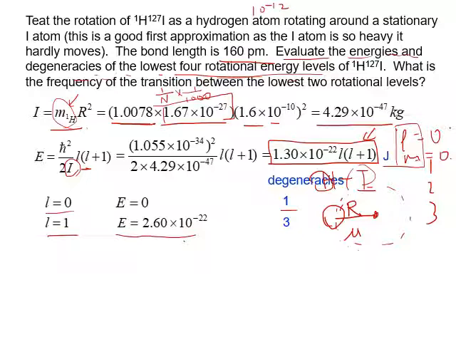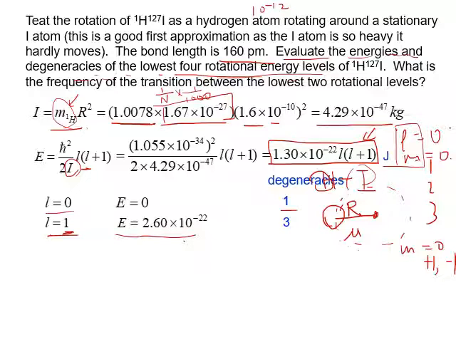When L equals 1, M can be 0, positive 1, or negative 1. That's the allowed quantum number M when L equals 1. So in other words, you have 3 possible M. The combination of L and M gives you 3 possible wave functions.